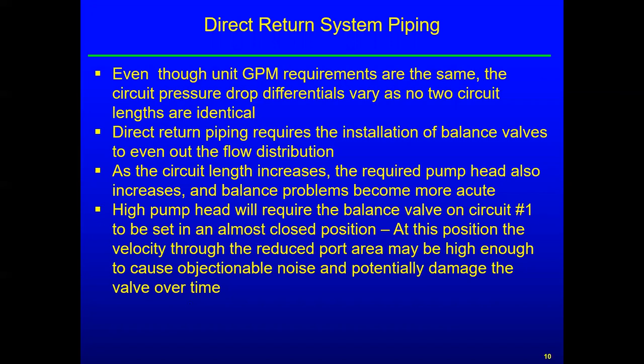So you have to crank up the pump head, or select a pump that has a high pump head, to get it to 7. But then what do you do at 1? Well, you have to crank that balance valve almost closed. And so that increases the velocity through that valve, which can cause noise and potentially damage the valve because of the high velocities, because you've got it cranked almost closed.